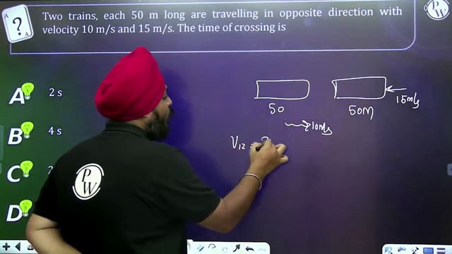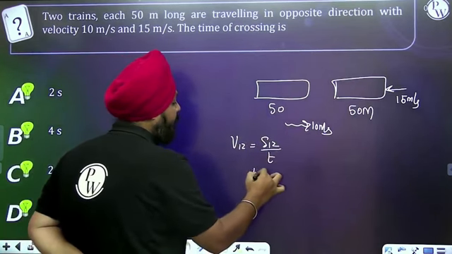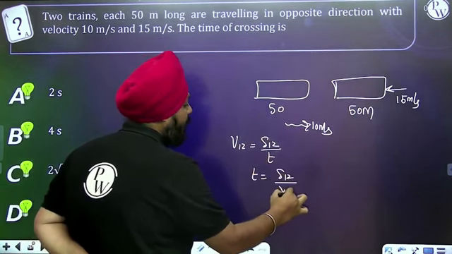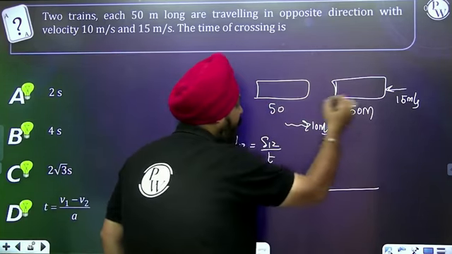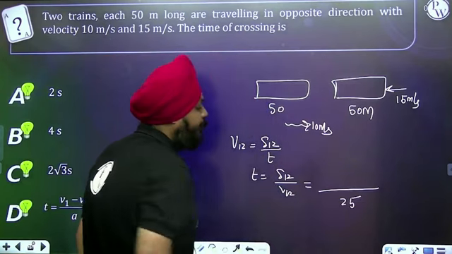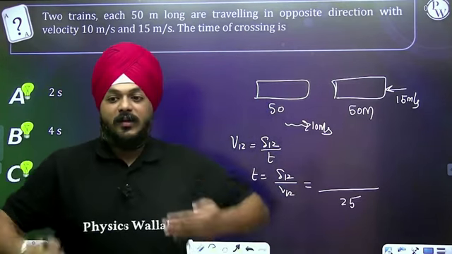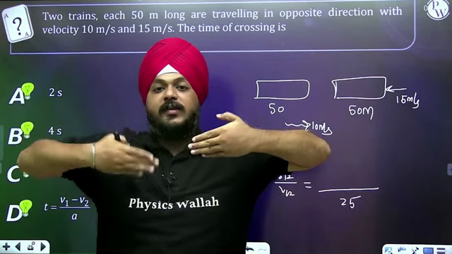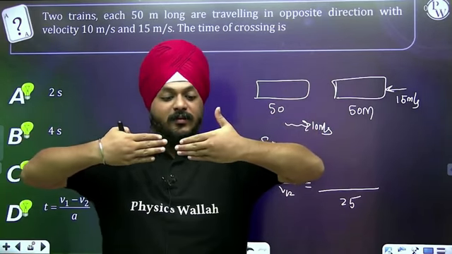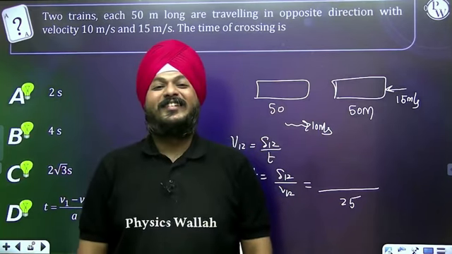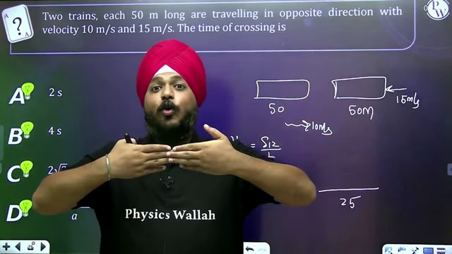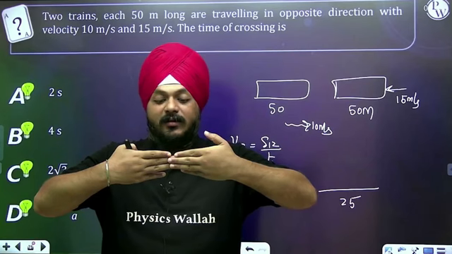V1 with respect to 2, S1 with respect to 2, time. Both are moving in the opposite direction, so velocities will be added: 25. Distance: see, 50 this, 50 this, so 100.